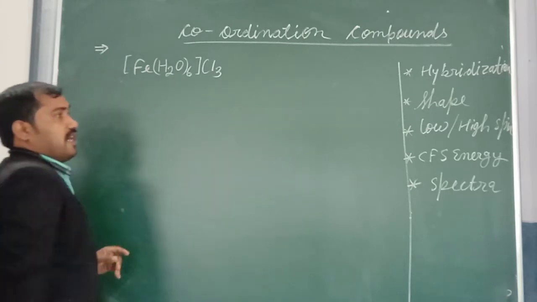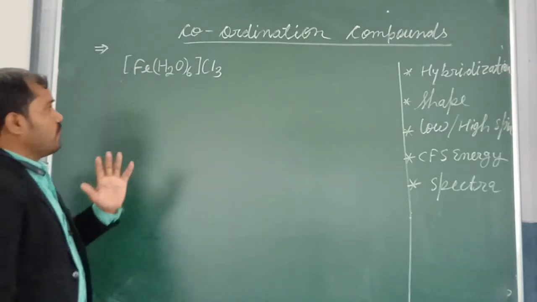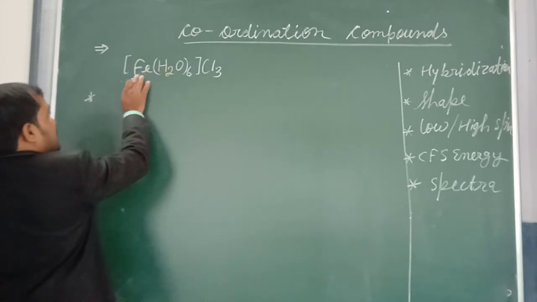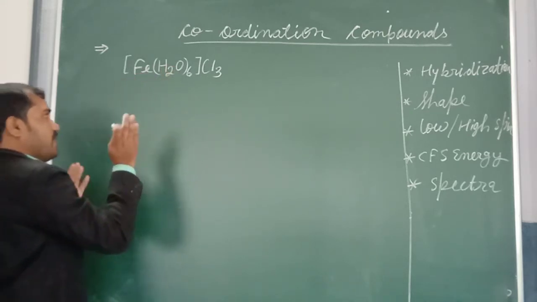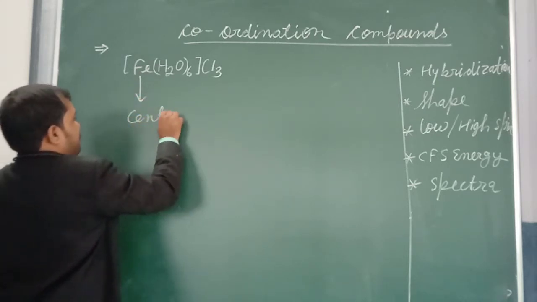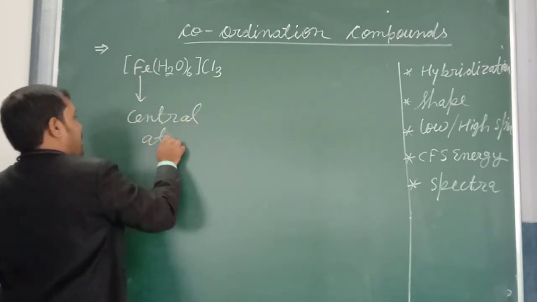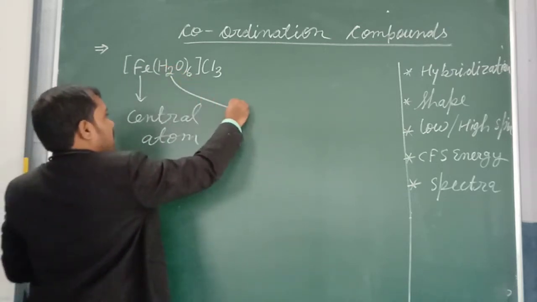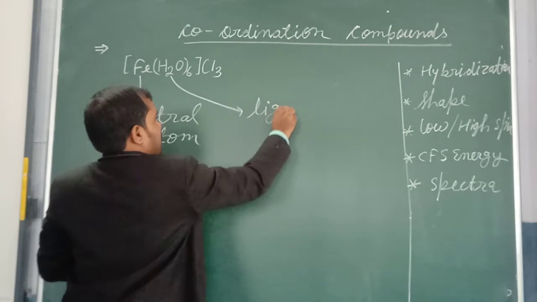How will you get the hybridization? For that, first you need to find out the oxidation state of the central atom. But wait, what is this thing? My dear, this is the central atom, and this is the ligand.